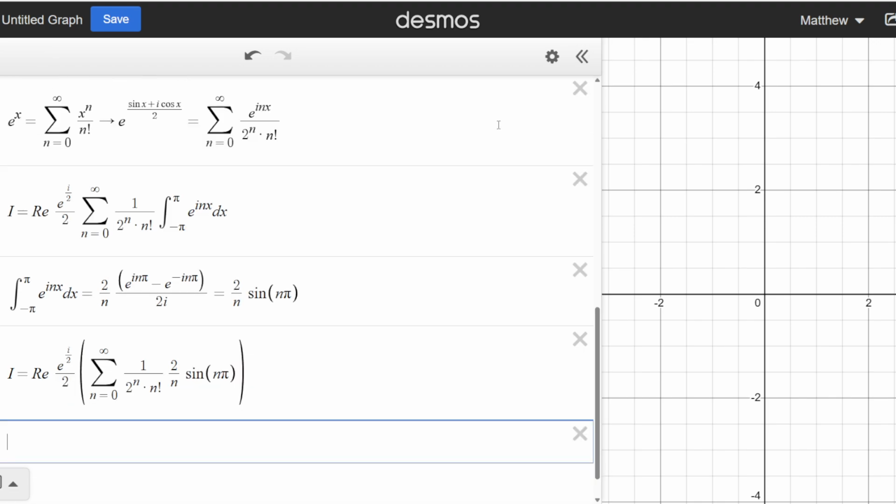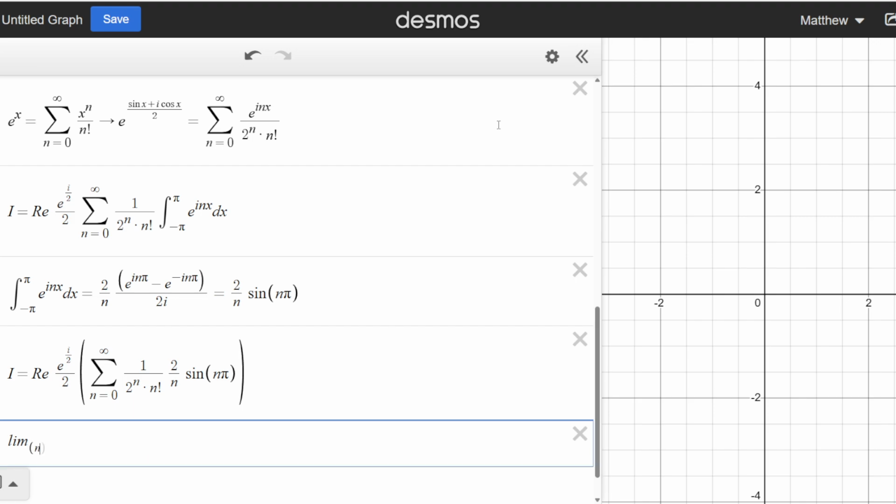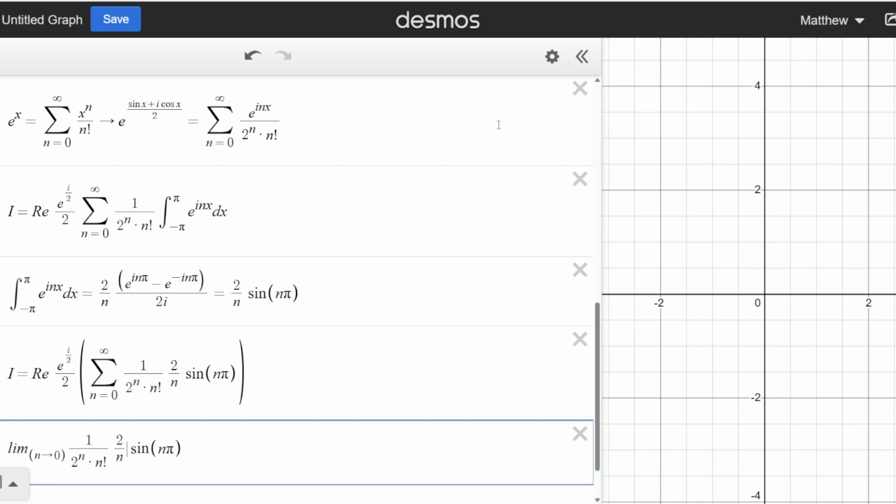All right, so we need to take the limit as n goes to 0 of this. That's going to be the limit as n goes to 0 of this times the limit as n goes to 0 of this.